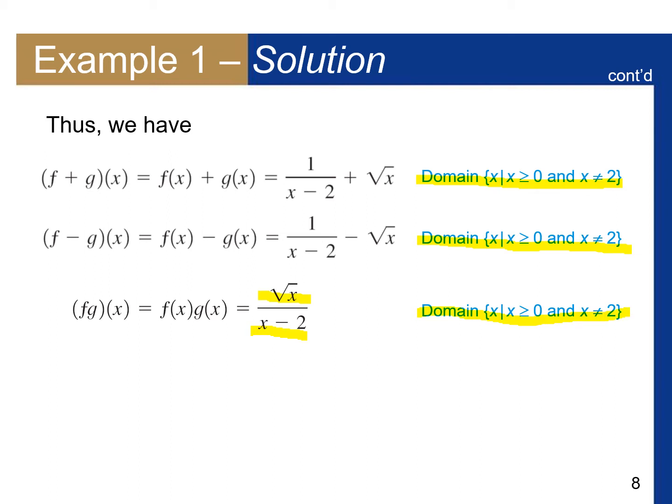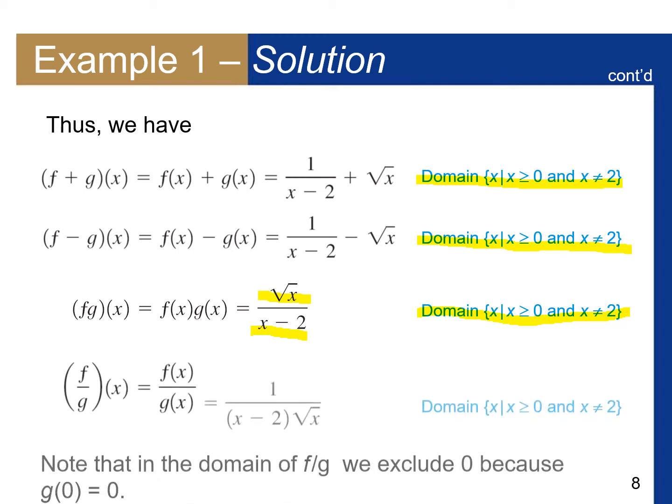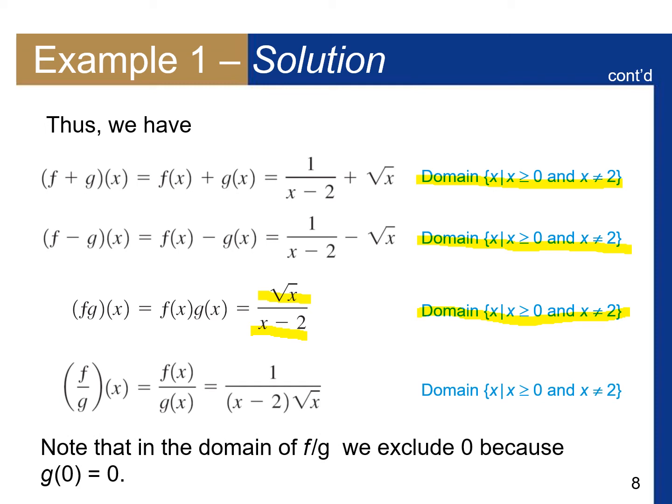And then finally, anytime that you divide, you have to double check yourself, because we know that the bottom cannot equal 0. So the difference here is that on the bottom, we can't have 0, so I cannot put 0 into this part.